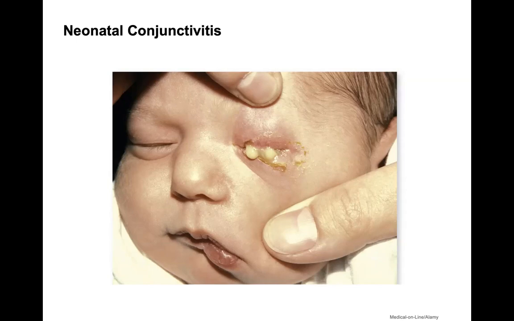In the United States, it's common practice that for all newborns, once vaginal births, it used to be they would put antibiotic salve over the eyes. What they do now is they coat the entire baby in an antibiotic salve to prevent anything like neonatal conjunctivitis or scalded skin syndrome or anything like that.